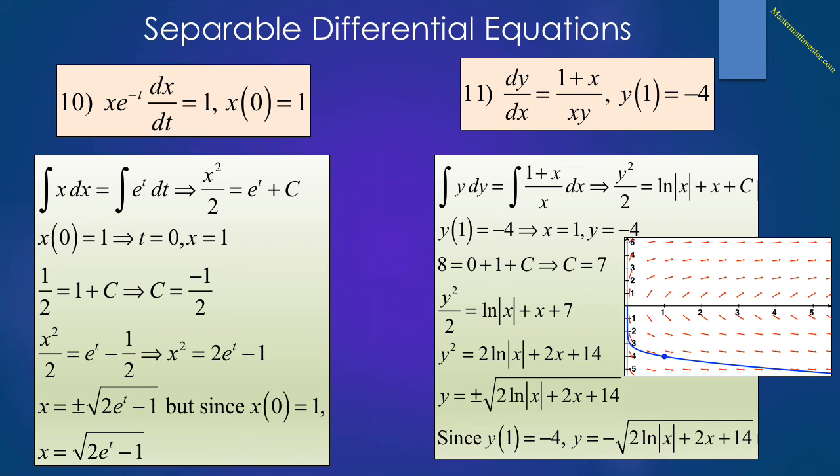Shown is the slope field to dy/dx is equal to (1 plus x) over xy. See how the particular solution, y equals negative square root of 2 natural log of the absolute value of x plus 2x plus 14, through the point (1, negative 4) follows the slope field.